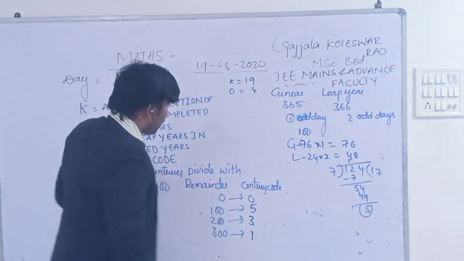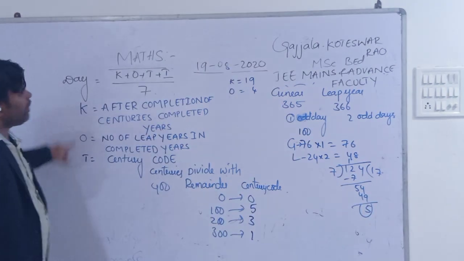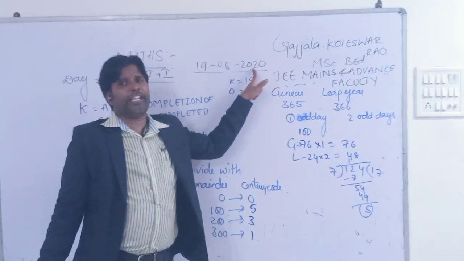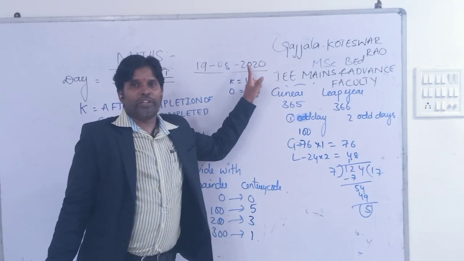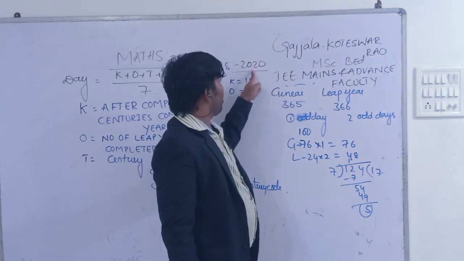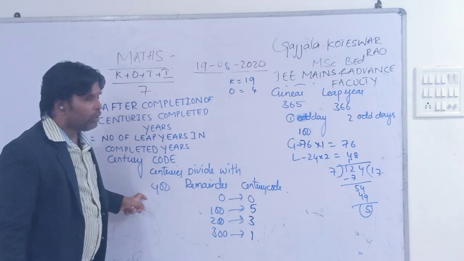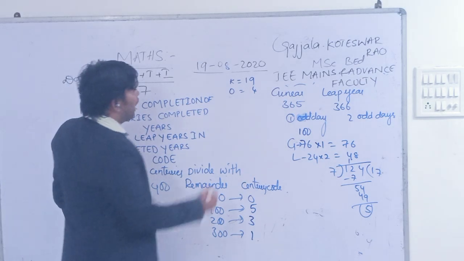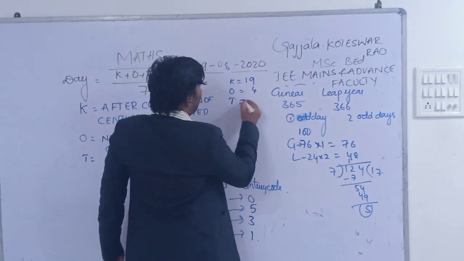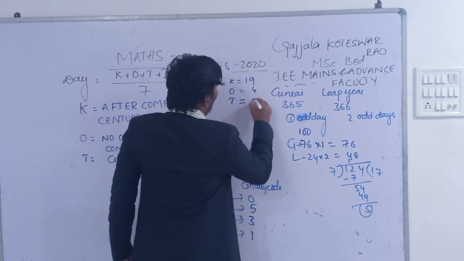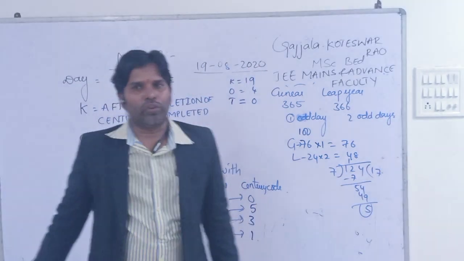Now, for example, we are going to take the 20th century, 2000. If we divide by 400, what is the remainder? 0. That means the century code for the 20th century is always 0.